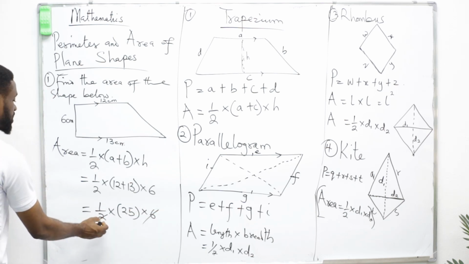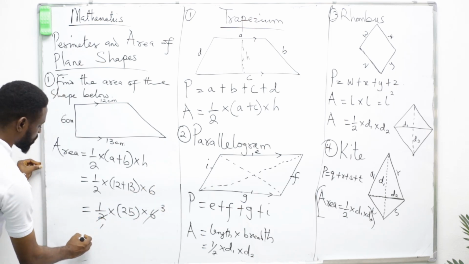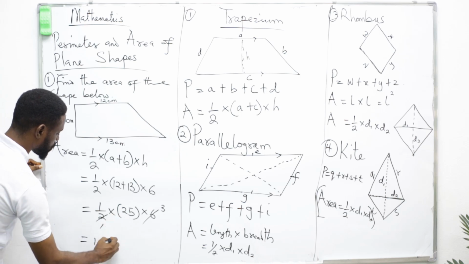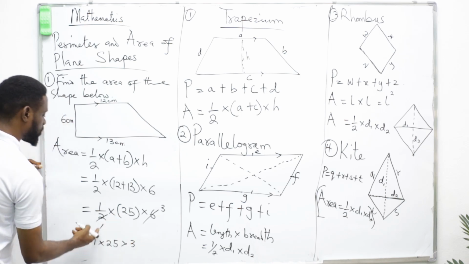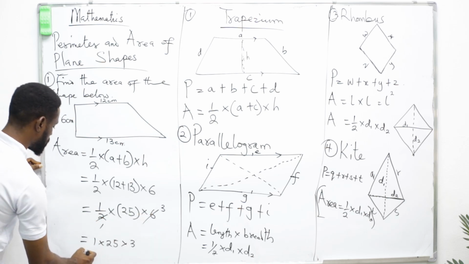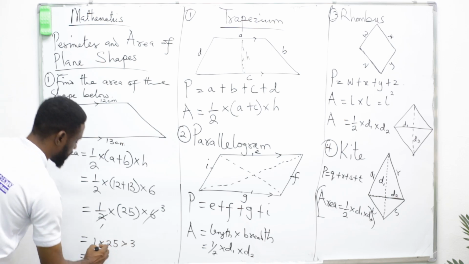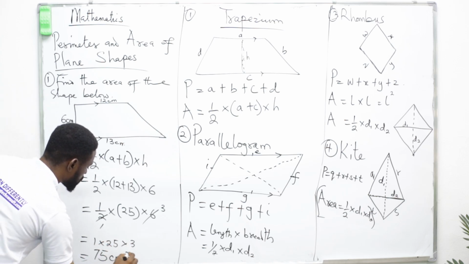So 2 into itself is 1, 2 into 6 is 3. You get that? So this will now leave us with 1 times 25 times 3. So 1 times 25 is 25. 25 times 3 is 75 cm square.